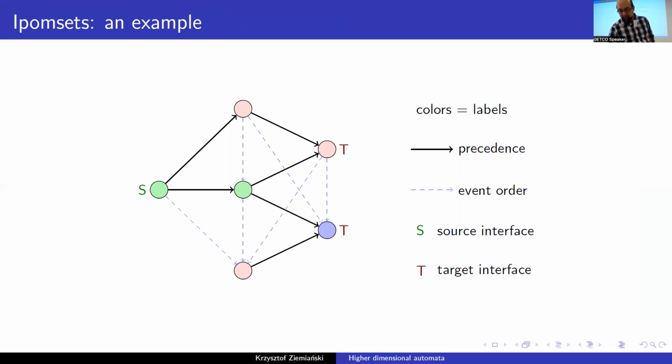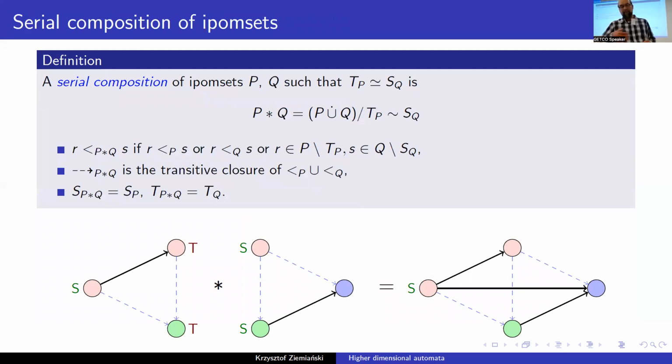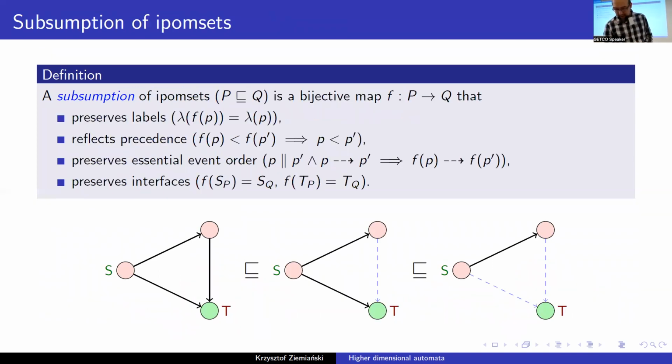And on these ipomsets, you can define a serial composition. Like in the picture, you identify the terminating interface and the source interface with each other. You can glue ipomsets this way. There is an operation of subsuming ipomsets. So an ipomset is more specific if it has more precedence order and less event order.